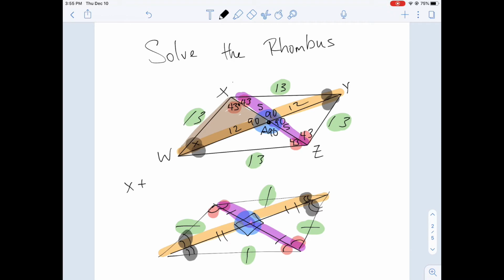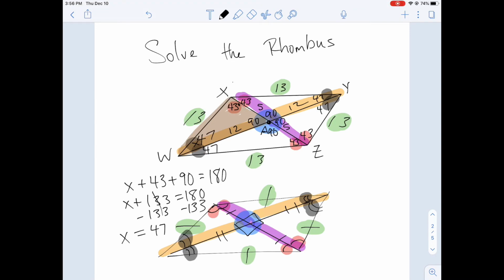So we get x plus 43 plus 90 should equal 180, because that is a triangle. So we get x plus 43 plus 90, which is 133, equals 180. Minus 133. And we get that x equals 47. But if this one's 47 and they all have the same marks, then all of these are going to be 47.